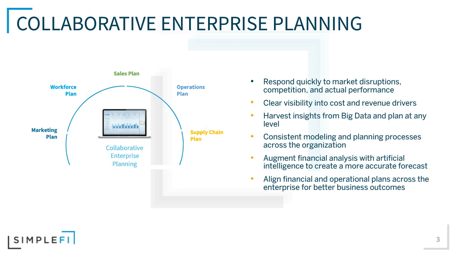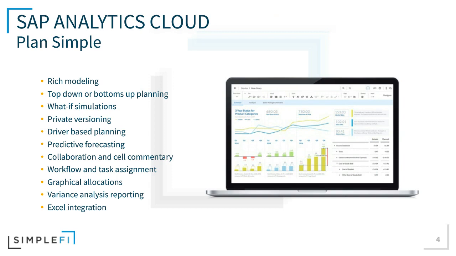We talk about Analytics Cloud, Plan Simple. So a lot of the things that we're going to see in the demonstration today are part of these bullet points here. So being able to have some predictive forecasting, looking at our budgets, our plans from a top-down view versus bottoms-up, certainly having driver-based planning, right, and having these automated calculations with all the collaboration that goes into account as well when we're looking at the overall planning scenarios and planning environment.